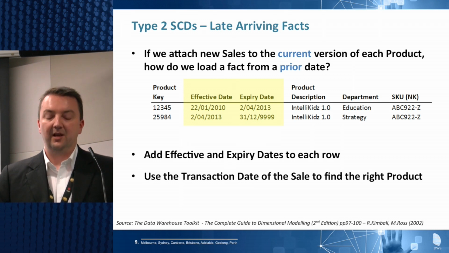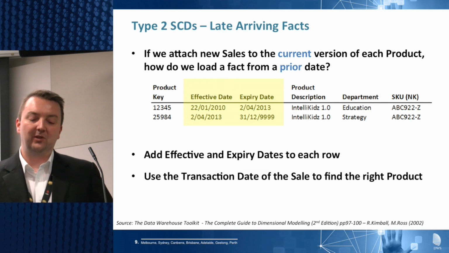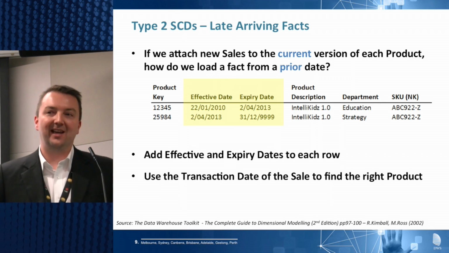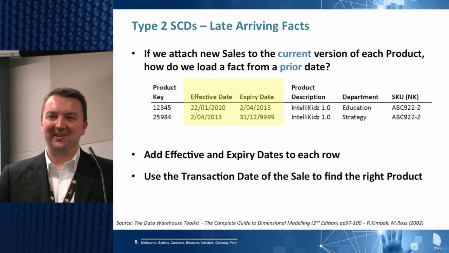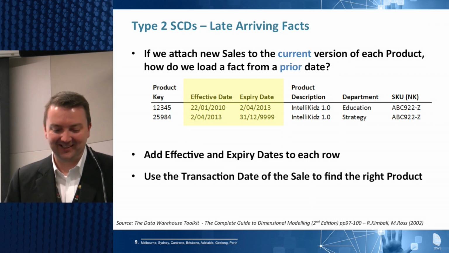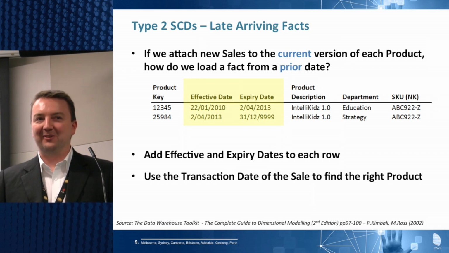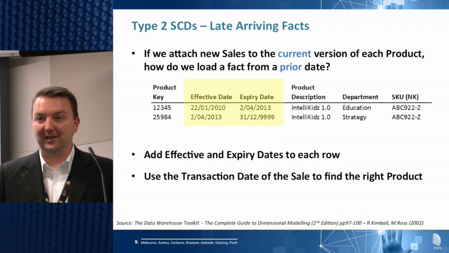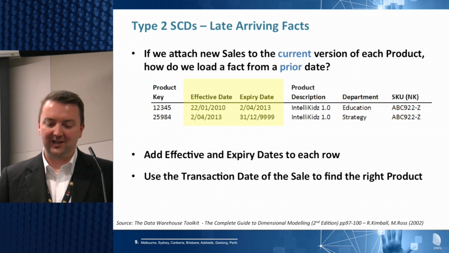Future arriving facts, okay. Your question is actually out of scope of intermediate dimensional modelling. It's an advanced dimensional modelling topic. You don't really have future arriving facts, but you do have late arriving dimensions that could impact facts in the future.